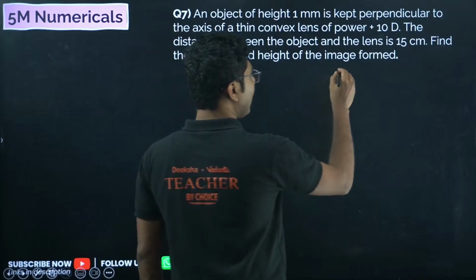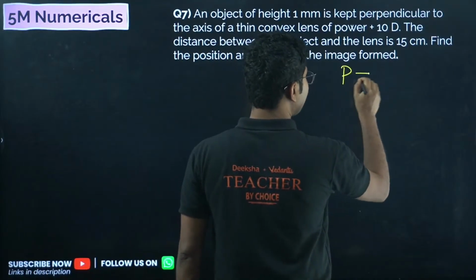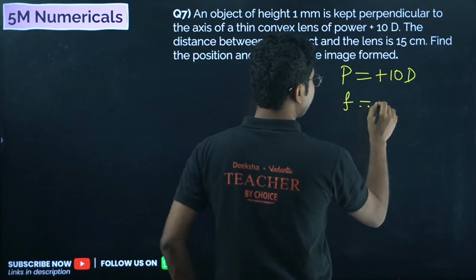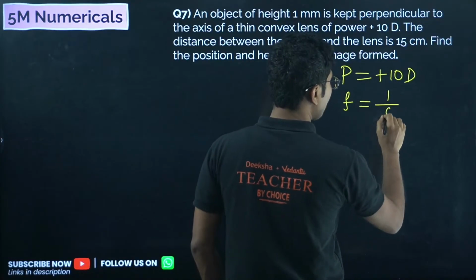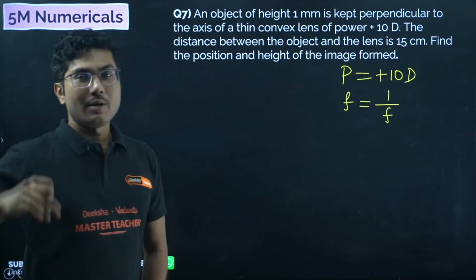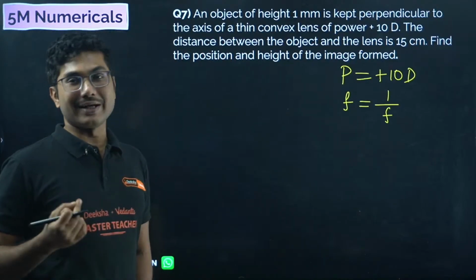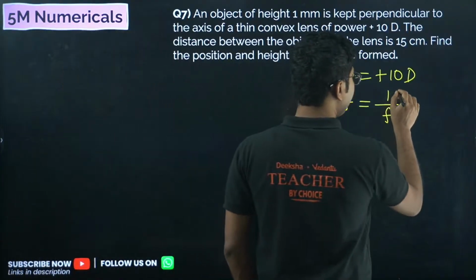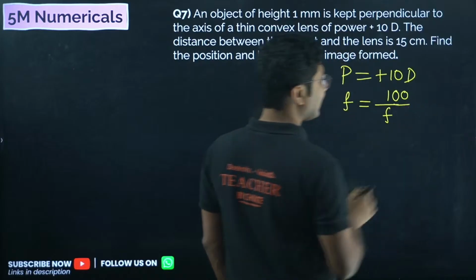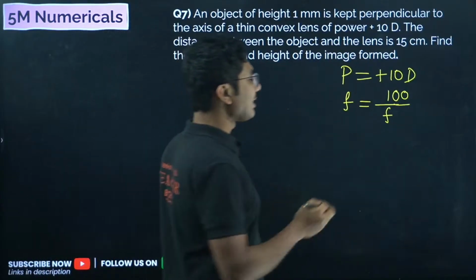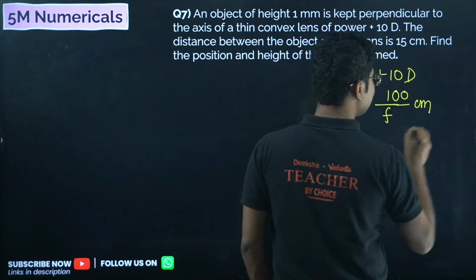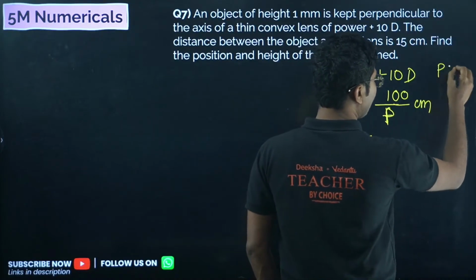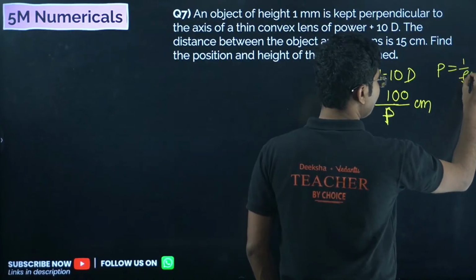Remember that whenever power based questions are given, power is plus 10. When you are calculating the focal length, don't just simply put 1 by f. When power is given, focal length is calculated in meters. To convert to centimeters, you have to use 100 by f. This is a shortcut. You can directly calculate the focal length in centimeters. We know power is 1 by f, but here focal length is given in meters.